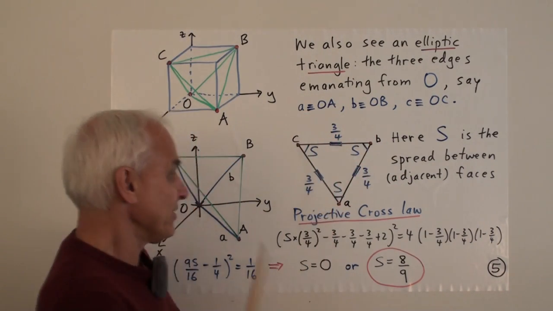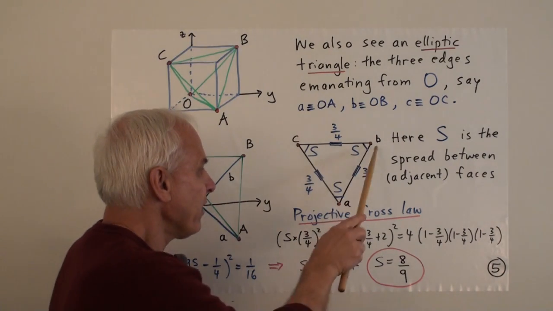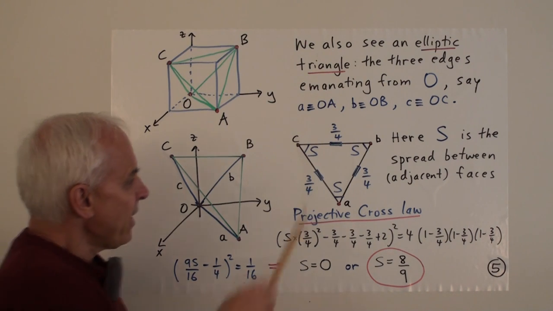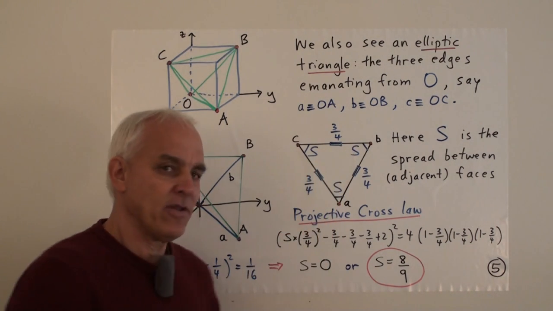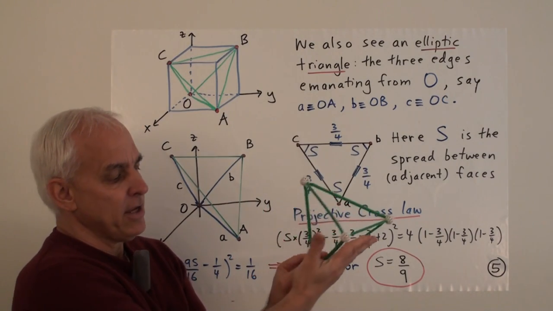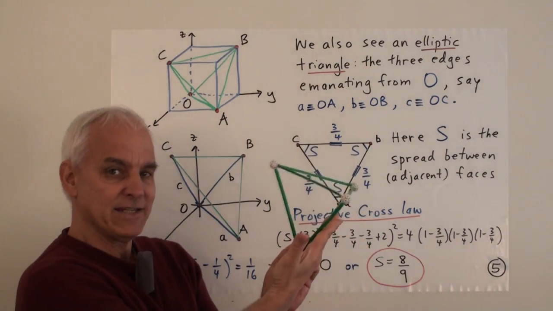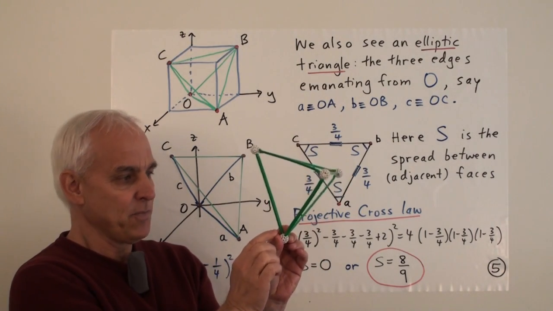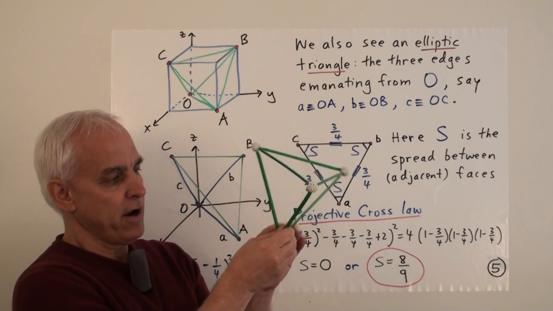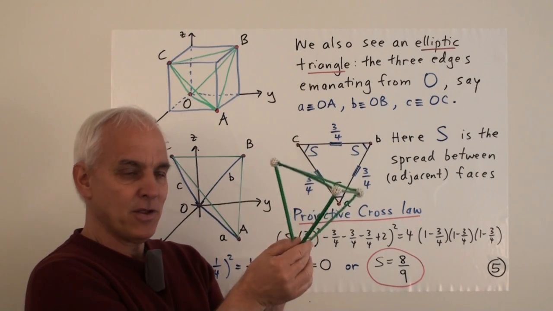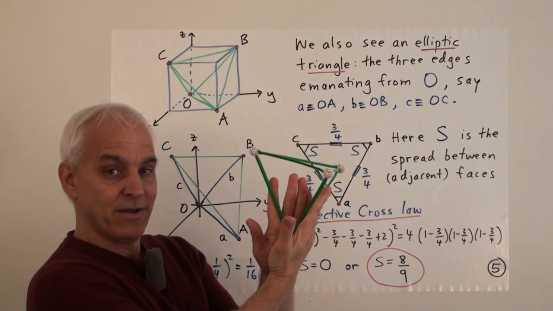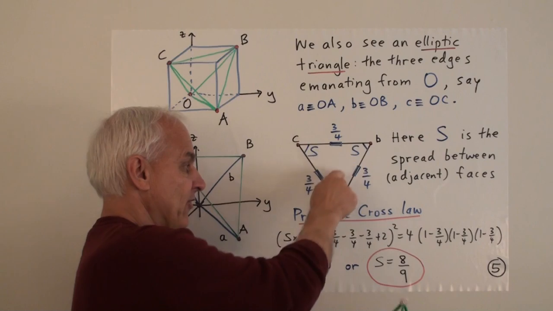So as an elliptic triangle, it's also equilateral, but now the 3 quadrances are 3/4. These projective spreads here are physically the spreads between the associated faces formed here. So these 3 lines determine 3 faces, one there, one there, one there, and between any 2 of those faces there's going to be a spread, and that's what we call this capital S.